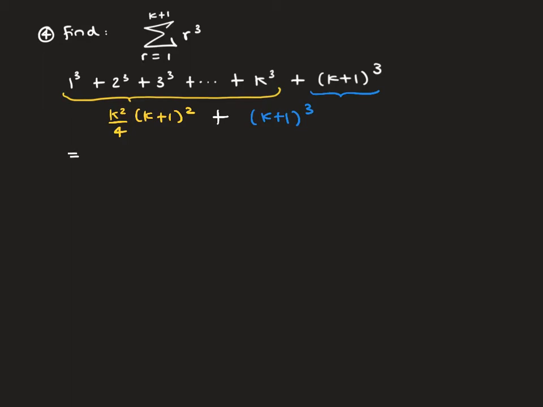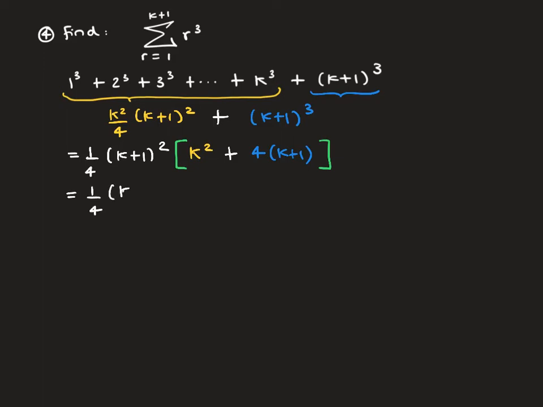So let's simplify this. Again, no expansion. We're going to do some very neat factorisation. Take out a quarter of k plus 1 squared. What's left when we do that? Well, k squared for this yellow part here, and for the blue part, 4k plus 1. Close our bracket, and then keep simplifying.